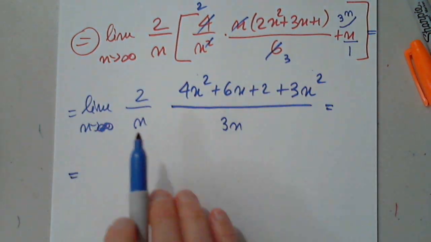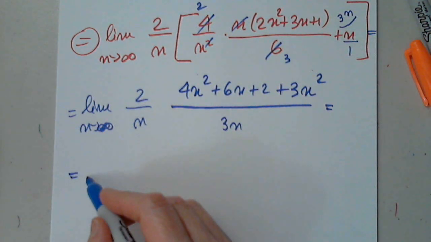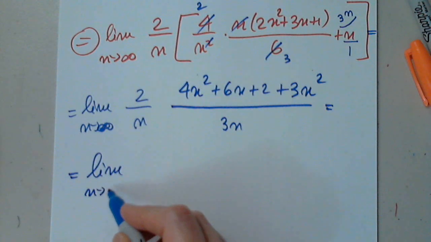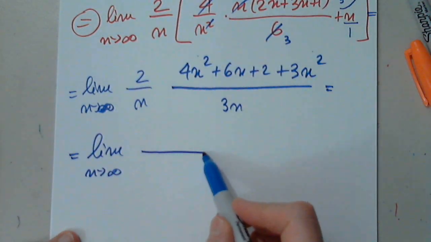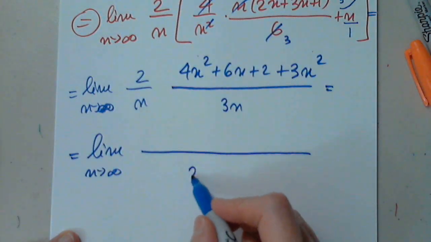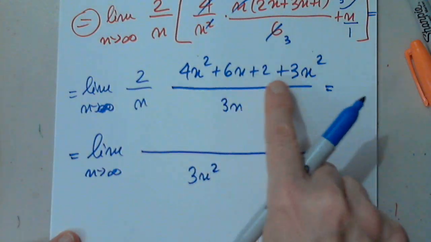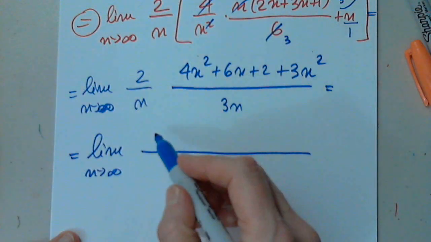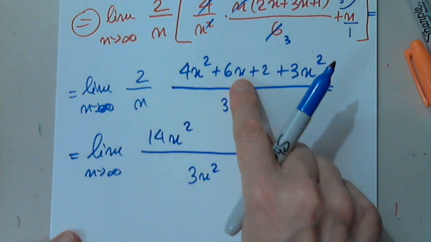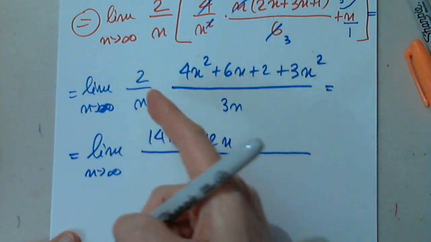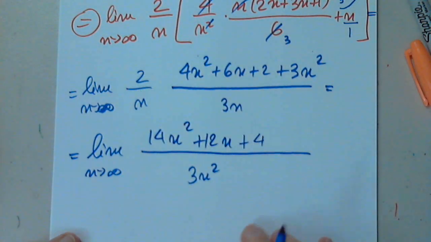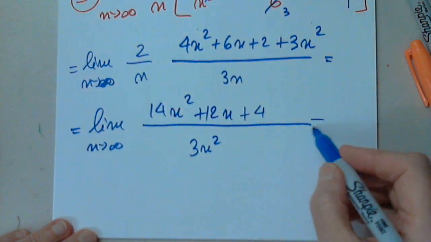Combine like terms, multiply these two. So don't forget the limit. We are not dropping the limit operator till the last step. So now the denominator becomes 3n squared. I have here 14n squared, plus 12n, and plus 4. We know this from a long time ago.